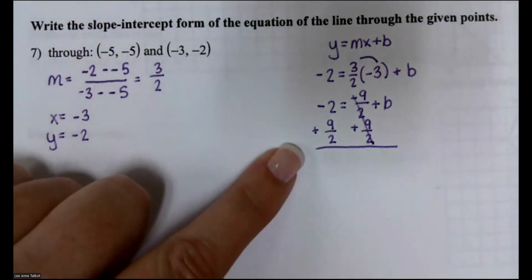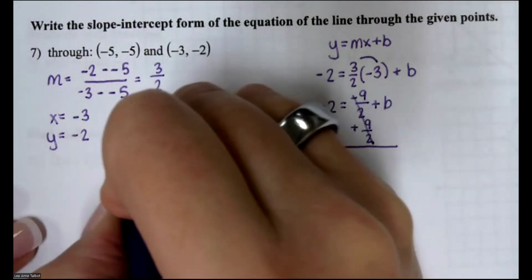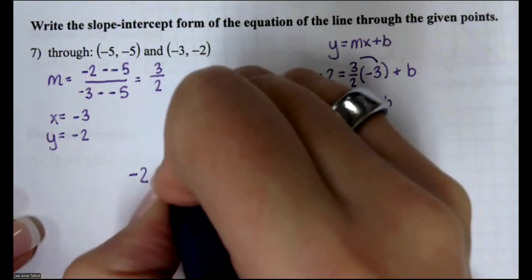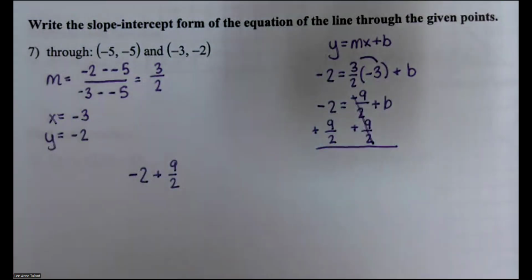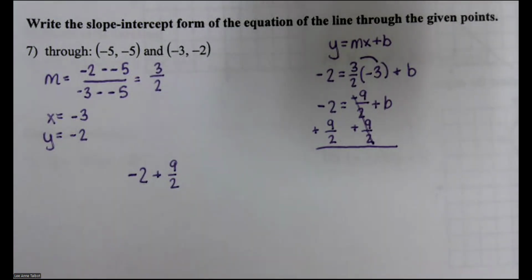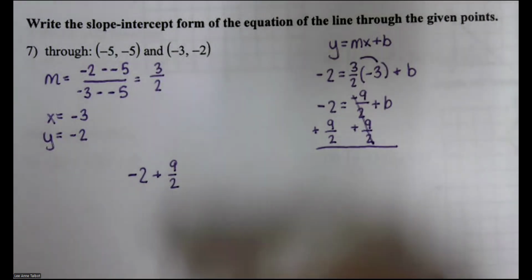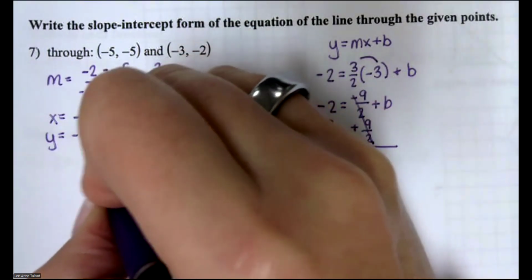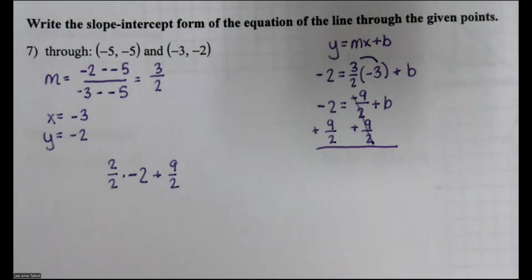Okay, now over here, I don't know if you guys noticed, but the homework has been having questions like this in it, and it's for situations like this. What's the common denominator in this problem? 2. So I'm going to multiply this front number by 2 over 2.